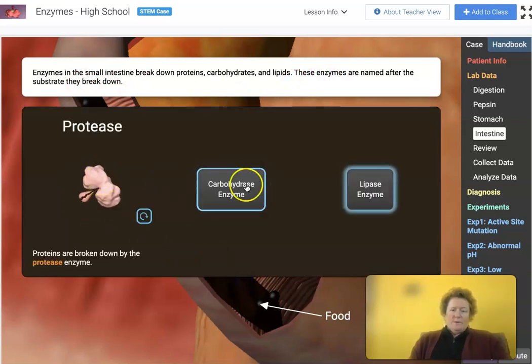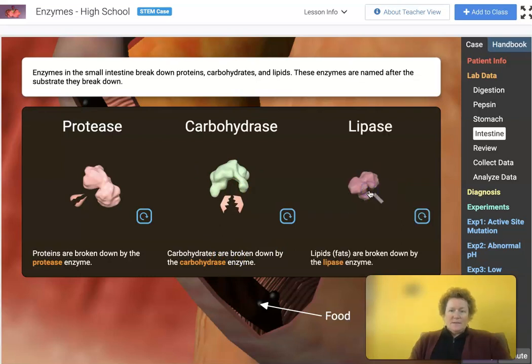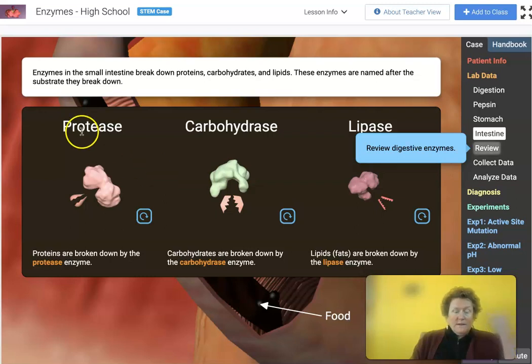Proteases break down proteins, carbohydrases break down carbohydrates, and lipases break down lipids. You can tell what substrate the enzyme is working on by the beginning of the name: pro for proteins, carbo for carbohydrates, and lip for lipids.